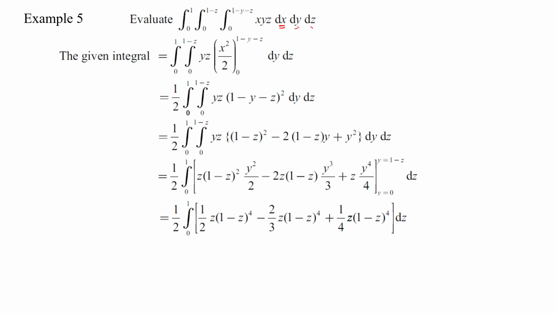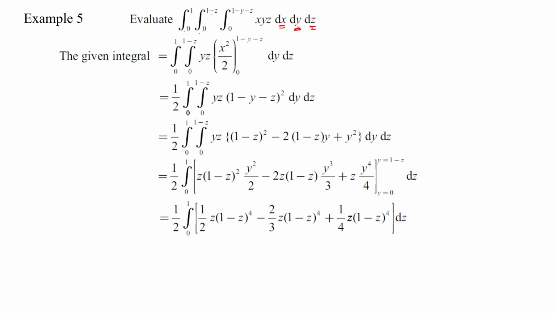What is the middle integration here? Y. The limit may be in terms of constants or it may be a function of z. So it is in the correct order. The outer integration is z. The limit should be constant. It should not contain any variable.